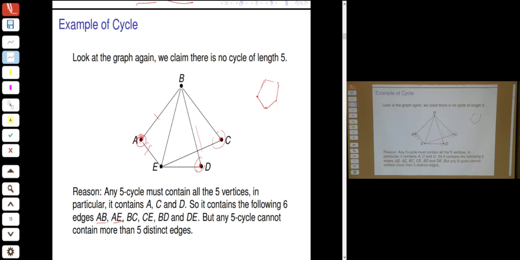But you notice that if you draw any 5 cycle, there are only 5 edges, whereas here you have already accounted for at least 6 edges which must be inside the cycle.